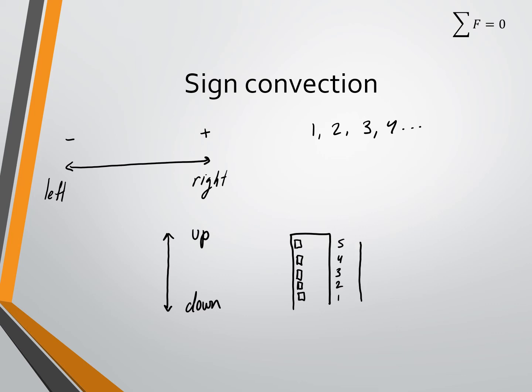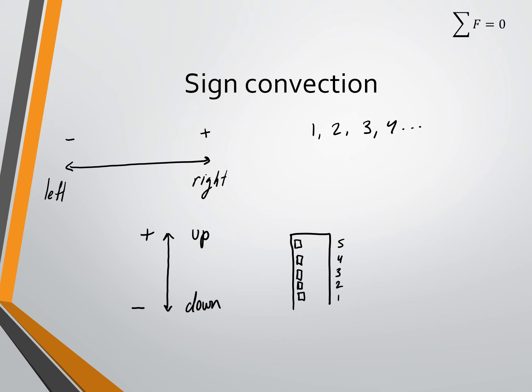As we move up the building, we increase the number of floors. So up is going to be our positive direction, and down is going to be our negative direction. So this is how we are going to be using signs in this class. If a force points right, it's going to be positive. If it points left, it's going to be negative. If it points up, it's positive. If it points down, it's negative.